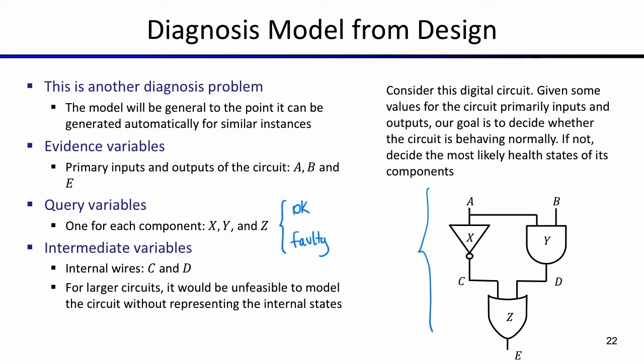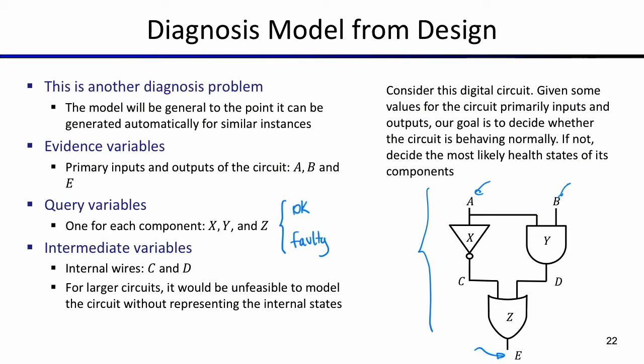We have two inputs, A and B, and we have one output, E. The way it's going to work is very simple. We're going to provide the inputs. We have the circuit, so we know how to compute the output, and if the output is not the expected one, we know that something is wrong, and we will try to locate which gate is, or is the most likely, responsible for the wrong output.